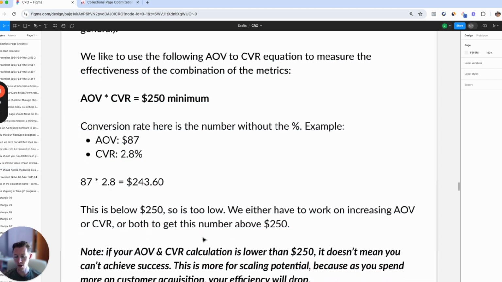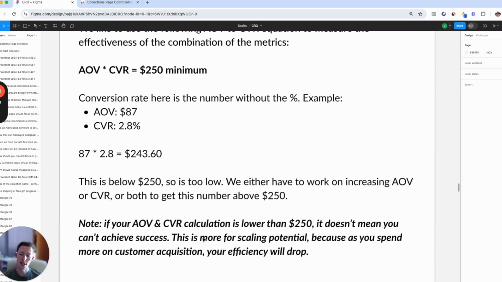Now, an important thing I want to mention here is if this calculation of your AOV and conversion rate comes out to less than 250, it doesn't mean you can't achieve success. Maybe you're below this already and your ads are performing well, and you're thinking, well, that's not true because my ads are working. Really, where this kicks in is when you're scaling and you reach a ceiling, wherever it is, and you can't seem to get past it.